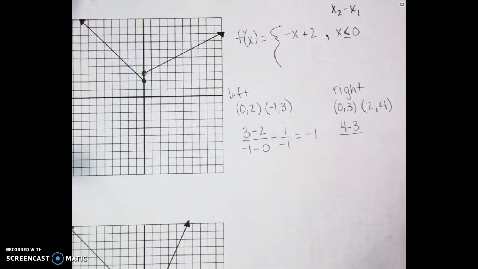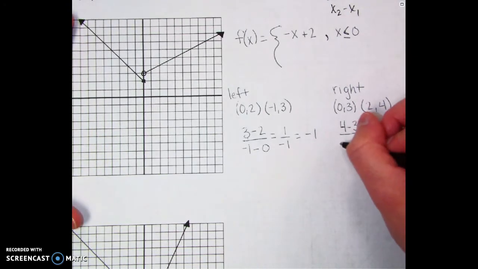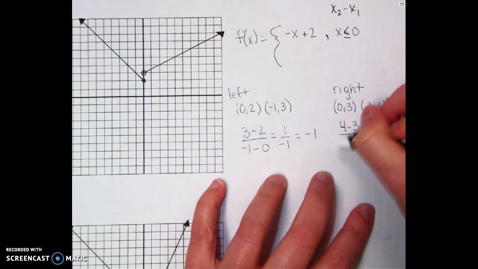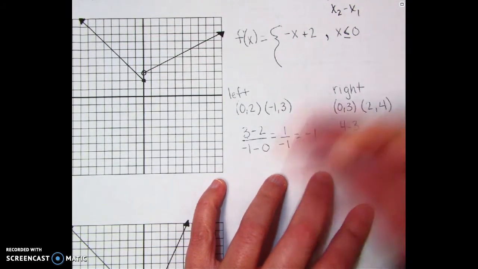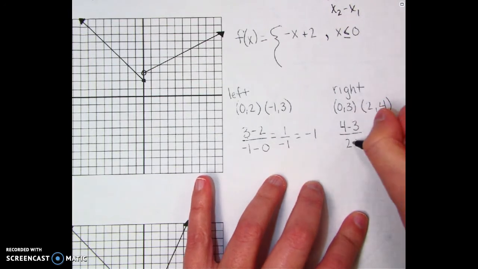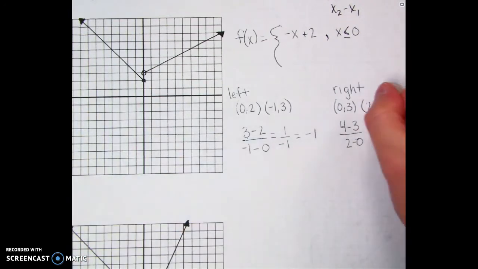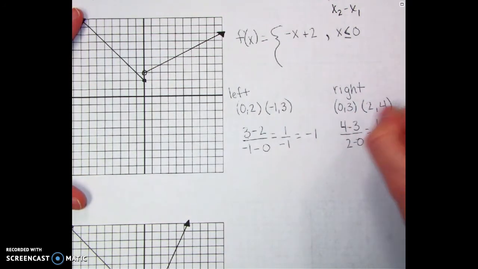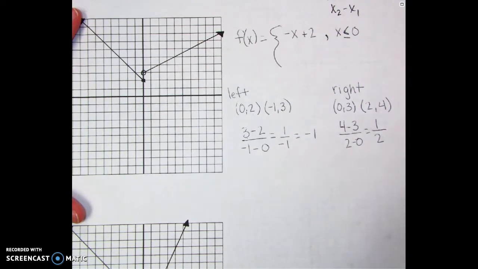No, you'd still get the same slope as long as the points were correct and on the line. Then the other one is 2 minus 0. Whoops. Good thing I have an erasable pen. What's 4 minus 3? And 2 minus 0? So the slope here is a positive 1/2.